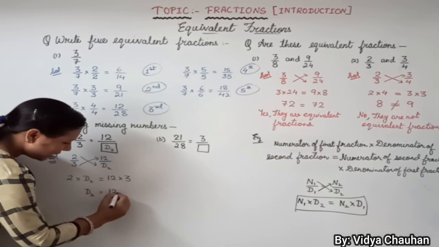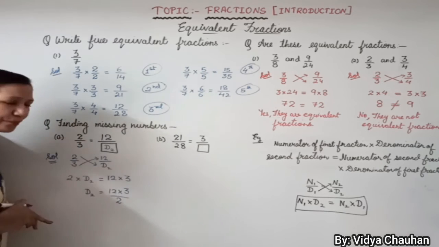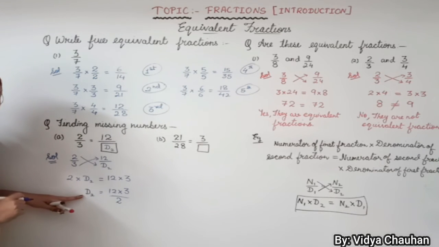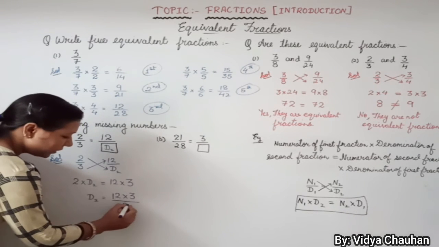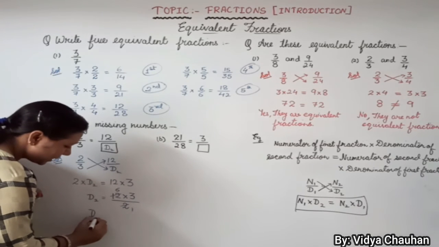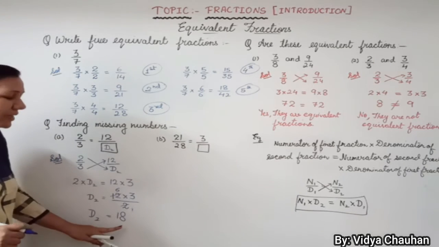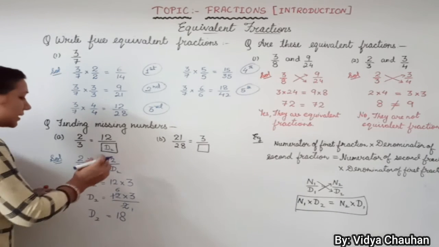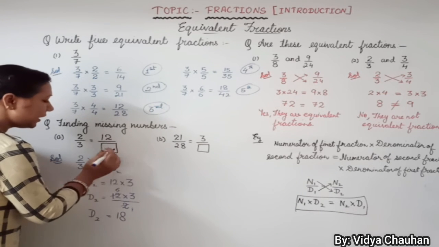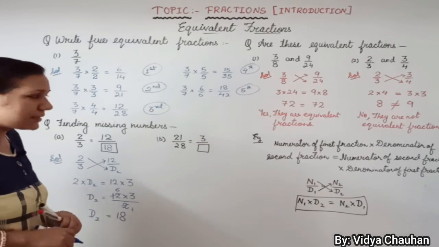So 12 multiplied by 3, and if I divide it by 2, then I will get the value of D2. Now simplify here, 2 1s are, 2 6s are. What is 6 3s are? 6 3s are 18. So this is our missing value, which is 18. Now you can replace D2 by 18. So this is how you can find the missing digit.